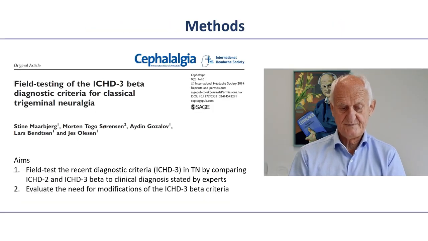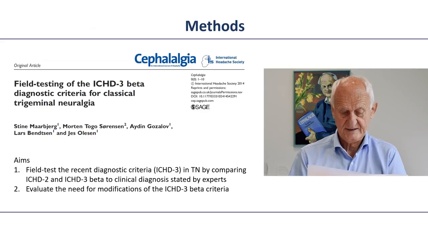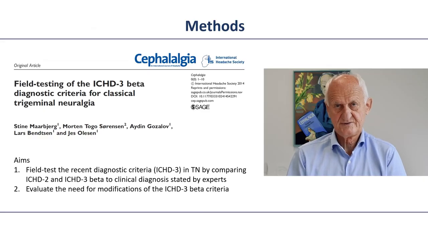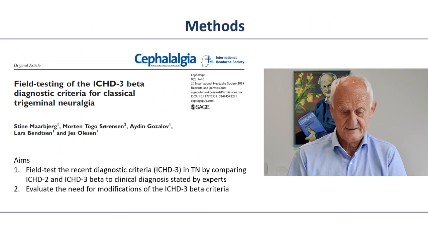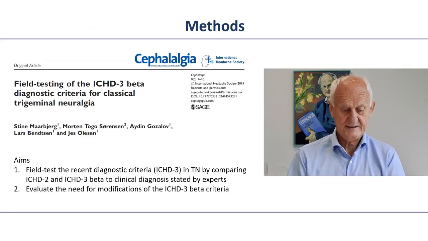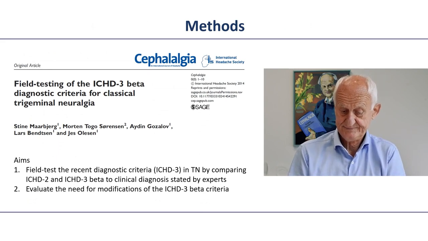And it's a little bit the same for field testing of trigeminal neuralgia, where the aim again was to test the clinical features and compare to the diagnostic criteria. And in doing so, we compared trigeminal neuralgia to persistent idiopathic facial pain, and then compared revised diagnostic criteria to ICHD-2 and ICHD-3 beta at that time.